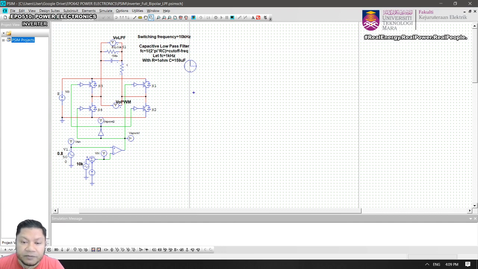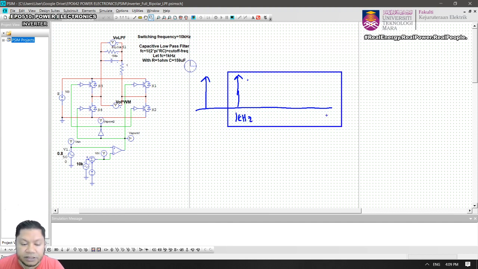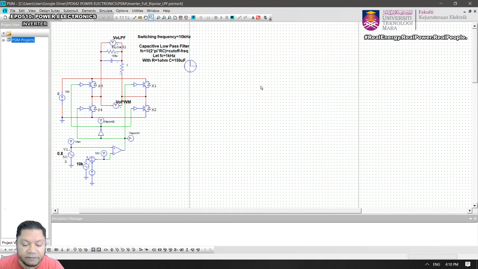So with a low pass filter, what you do is, let's say this is your fundamental, and then remember I have this 1 kilohertz switching frequency. Let's say this is the switching frequency components and the rest. So if I want to remove all of these, I'm going to design an LC filter, such that it will do this.